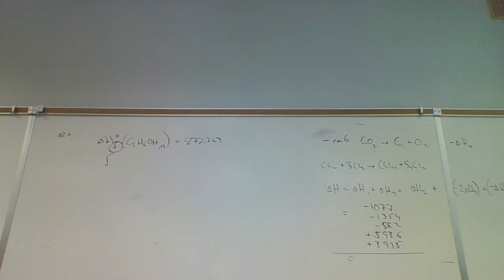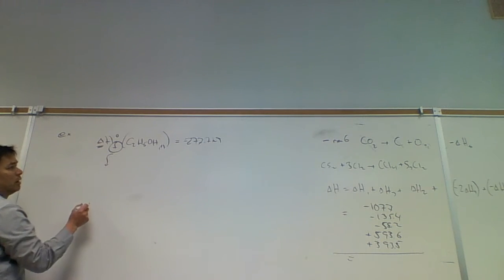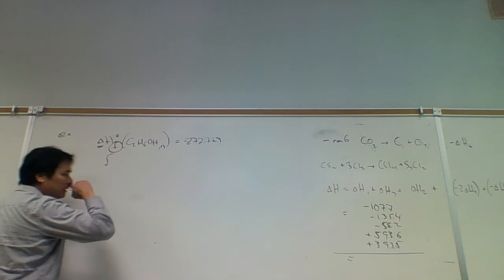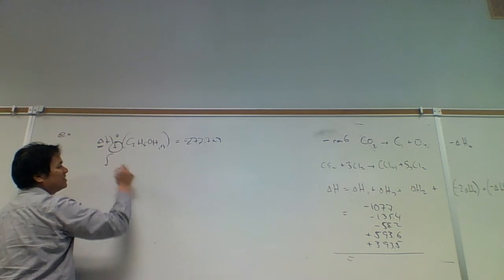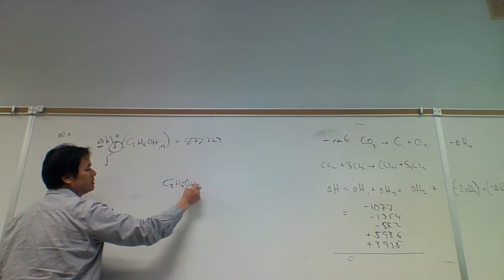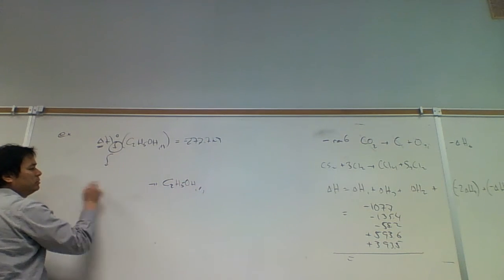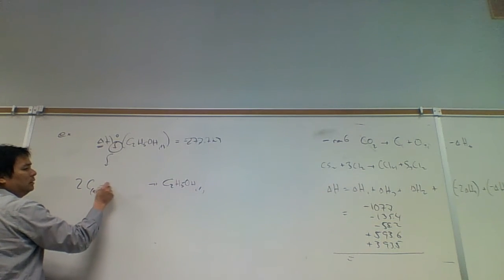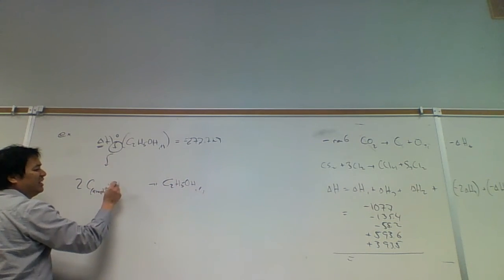Someone figure it out? No? This is a change or process or reaction. So the definition of formation is this. It's the formation of 1 mole of ethanol from the elements in their standard state. And so I got 2 carbons. I'll need 2 graphites, 2 carbon graphites. I got 6 hydrogens, so I'll need 3 H2.